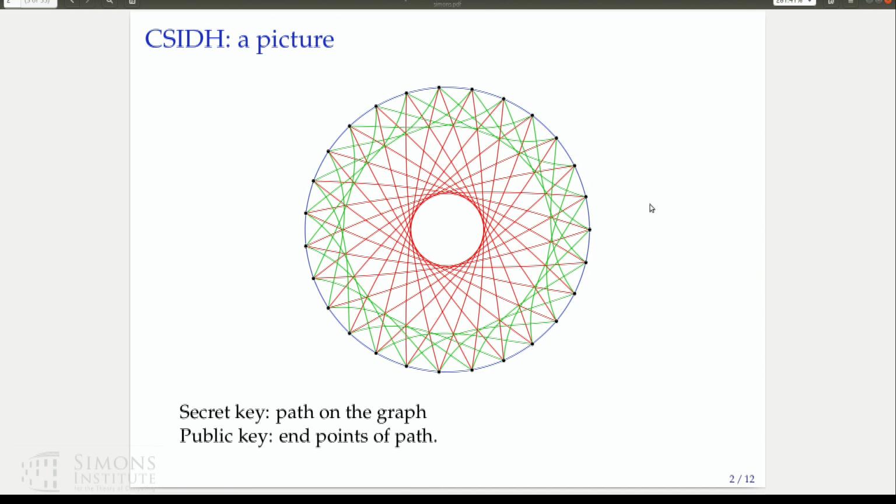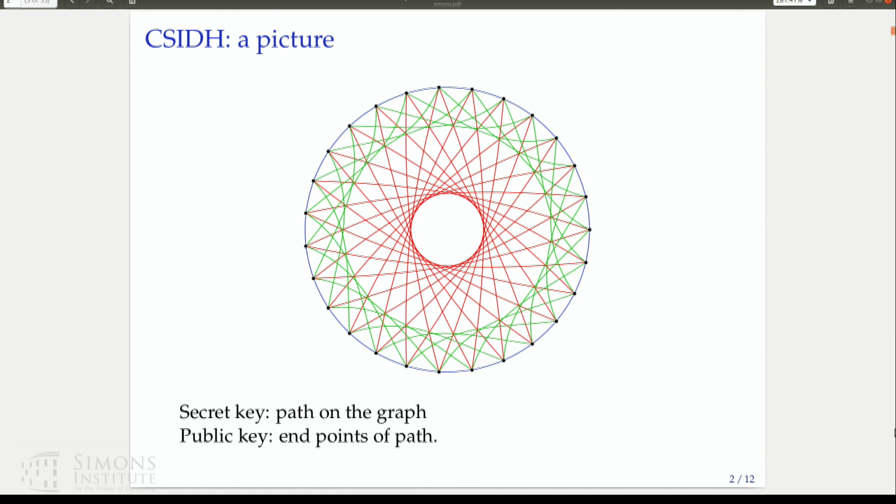So I'll explain a little bit more what this graph is a bit later, but it's something that we call an isogeny graph. And the black dots, the nodes, each node is going to be an individual elliptic curve. And the lines between the black dots are going to be isogenies. So we saw a little bit about actually how complicated these lines are in David's talk, which is why I'm skimming over a little bit now, but we'll go into more details later.